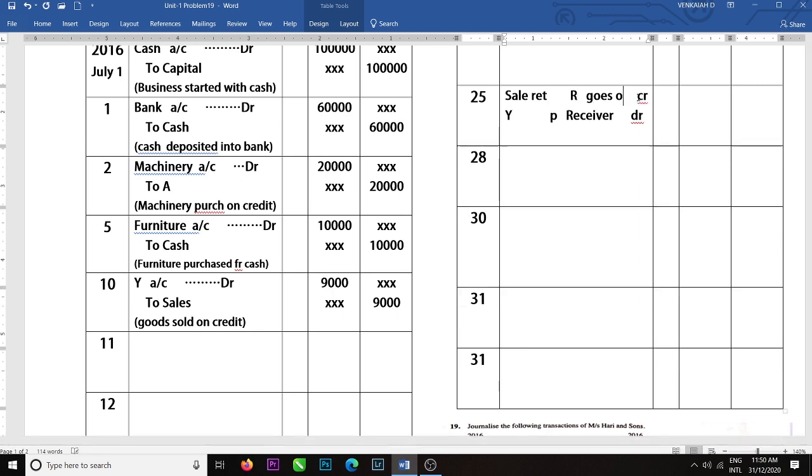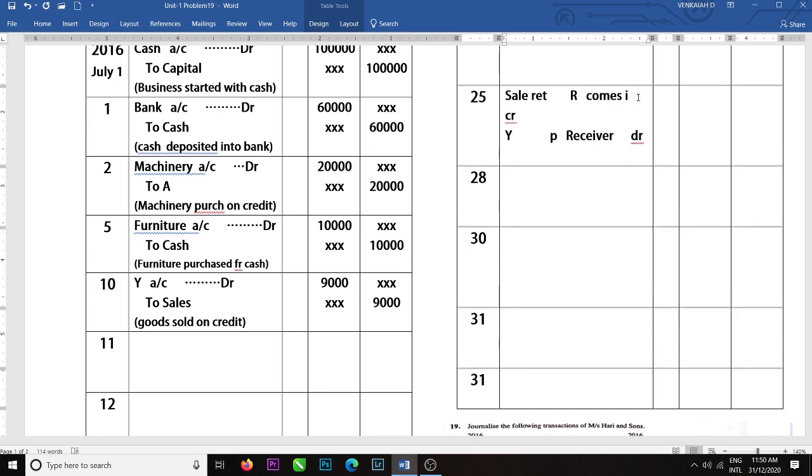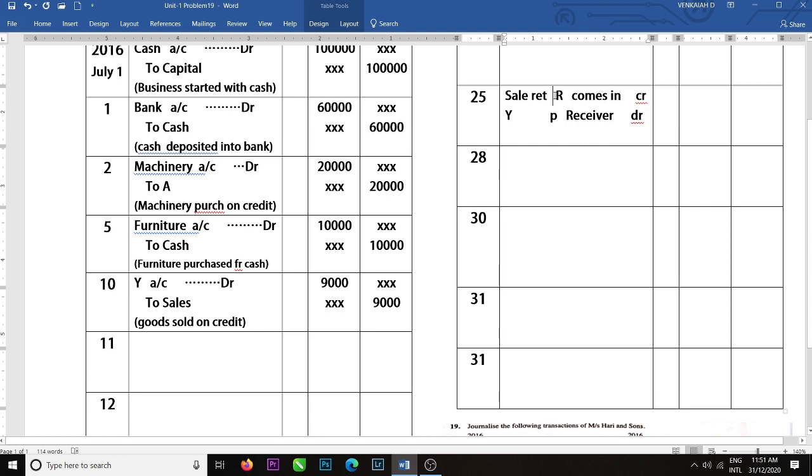Goods are coming into our business, and what comes in will be debit. Y is the giver. He found that the goods sold to him were defective and returned them.